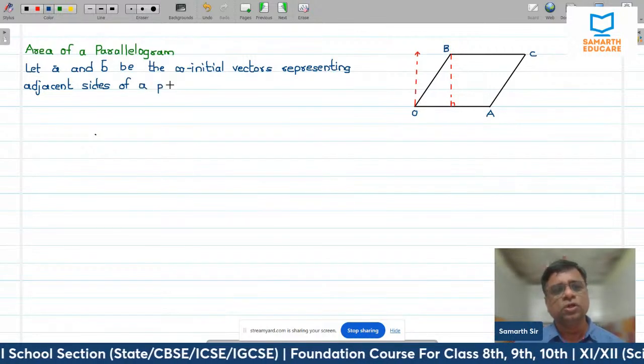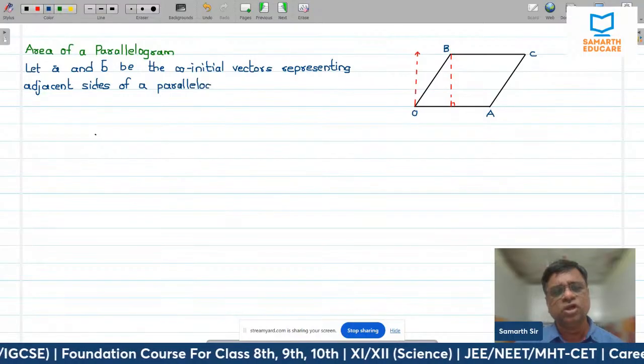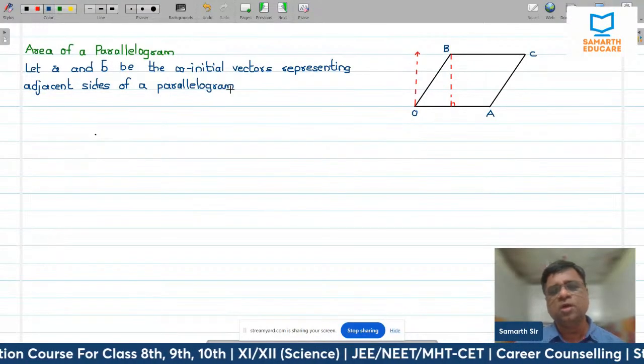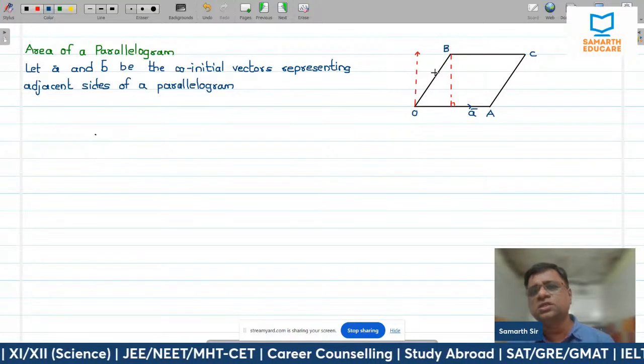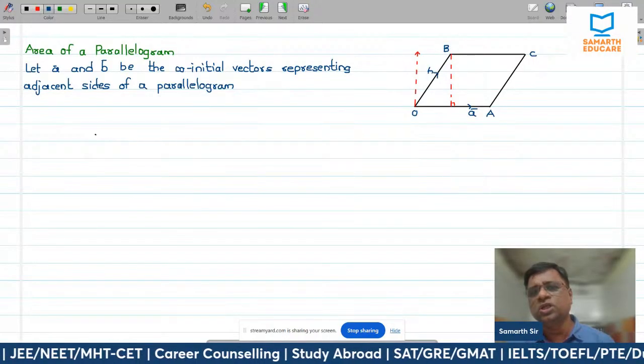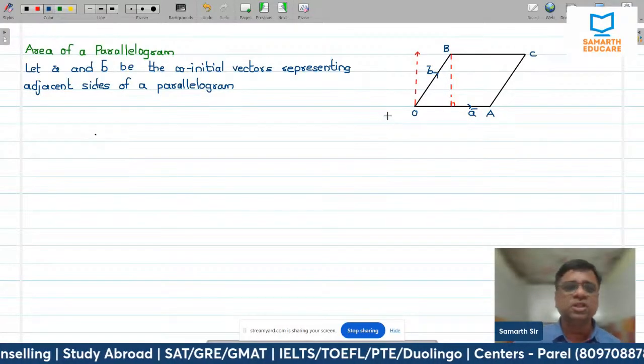What are co-initial vectors? Co-initial vectors means the initial point of both is the same. If you can see, there is a parallelogram on the right hand side that I have already drawn. I have named that parallelogram OACB, where this is my A bar and this is my B bar. These are the two co-initial vectors. You can see there is a common initial point between the two.